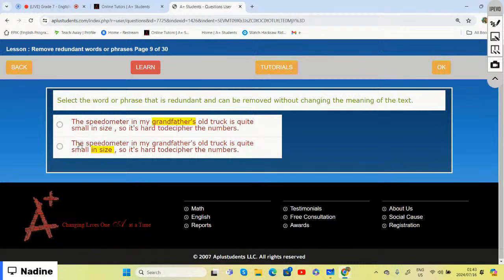It says, the speedometer in my grandfather's old truck is quite small in size.